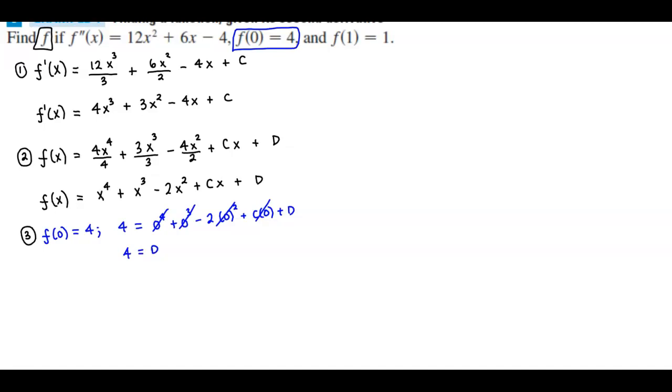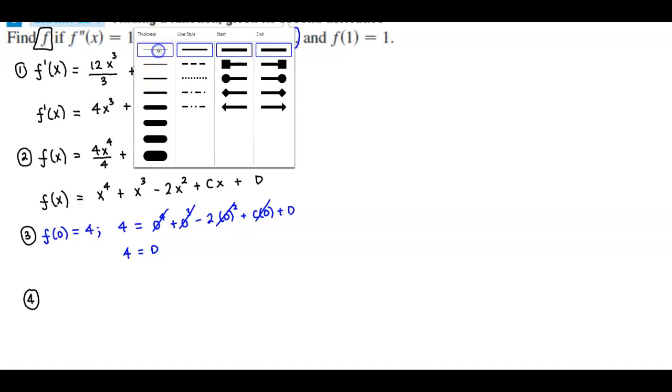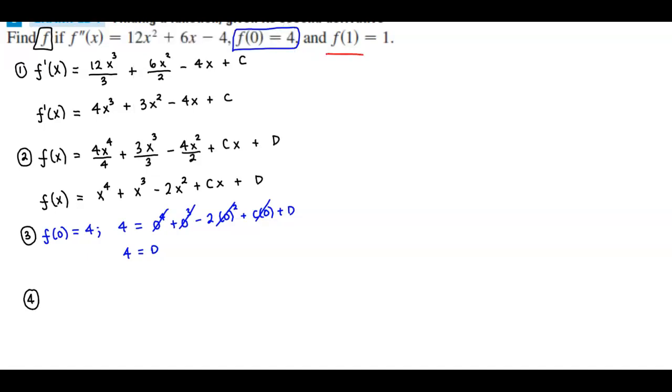Okay, so now let's take a look at step 4. And what do we know? We know that f of 1 is equal to 1. So when we let f of 1 equal 1, we're going to plug that into the function. So we know that 1 is going to equal f of x.